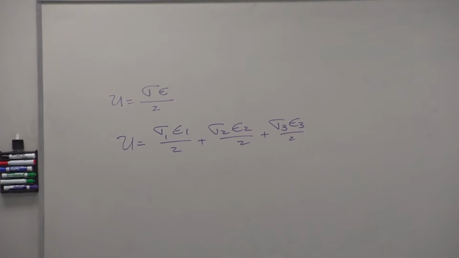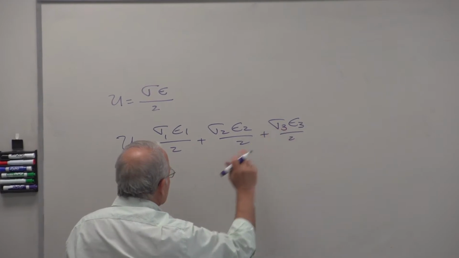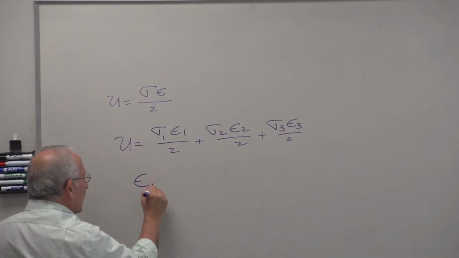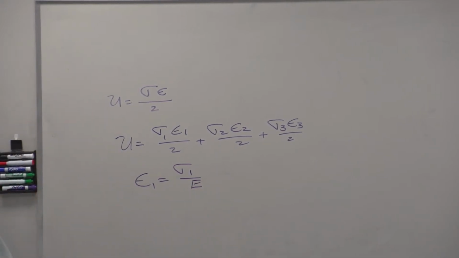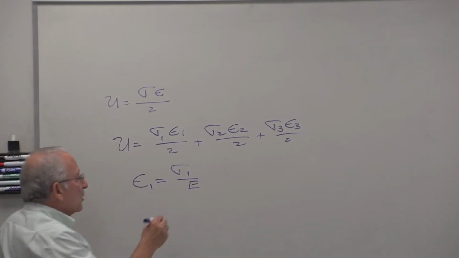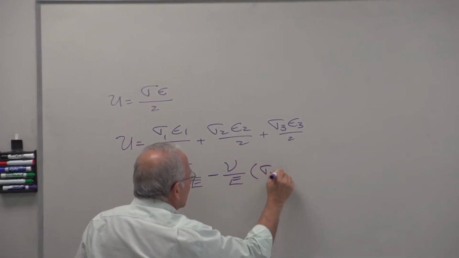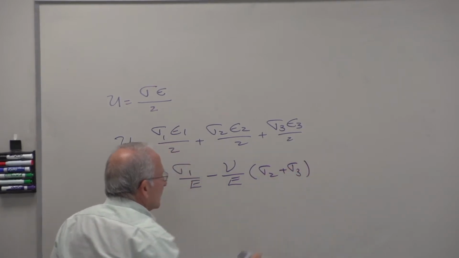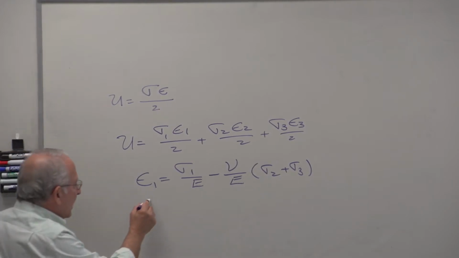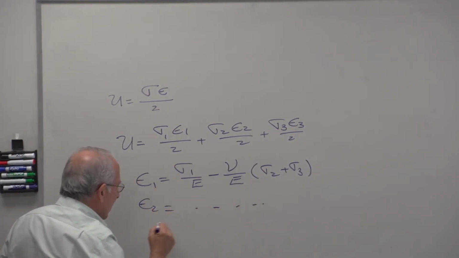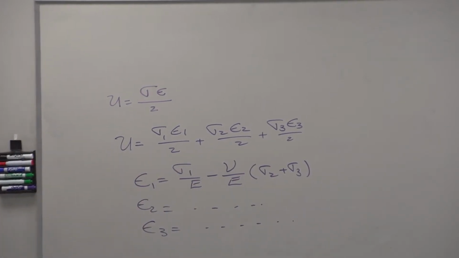For each of these now, I substitute the values for the strains. And remember that epsilon 1 is not just equal to sigma 1 over E, but it is sigma 1 over E minus nu over E times sigma 2 plus sigma 3. And similarly, epsilon 2 and epsilon 3. And you should be able to write those off of sigma 1.